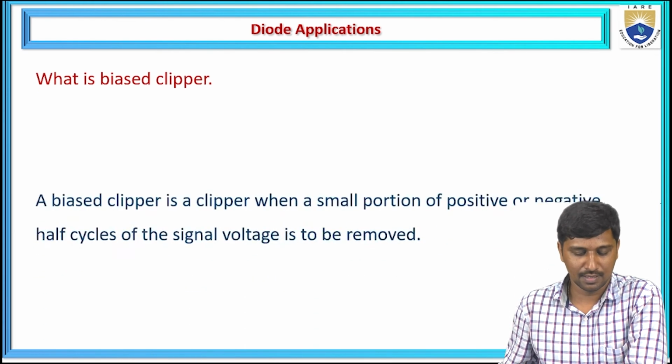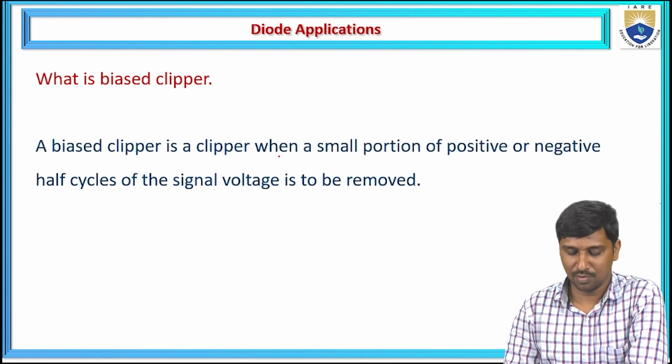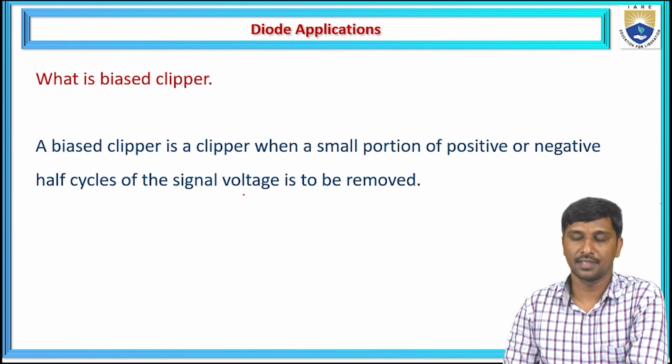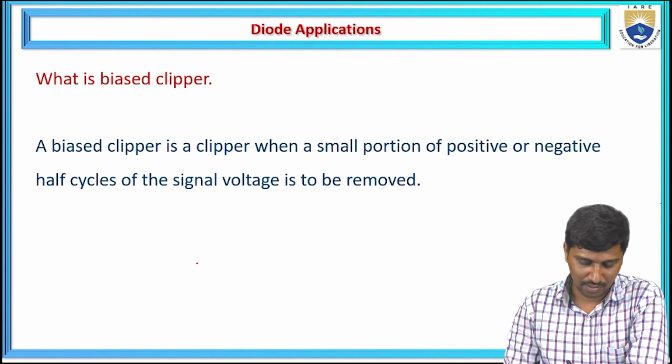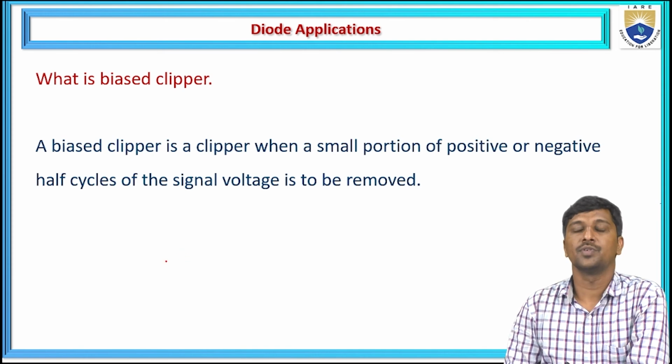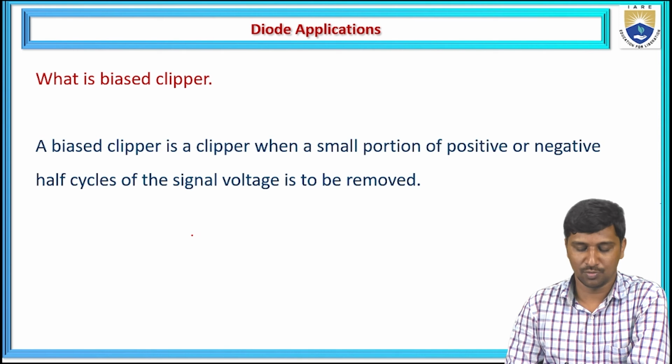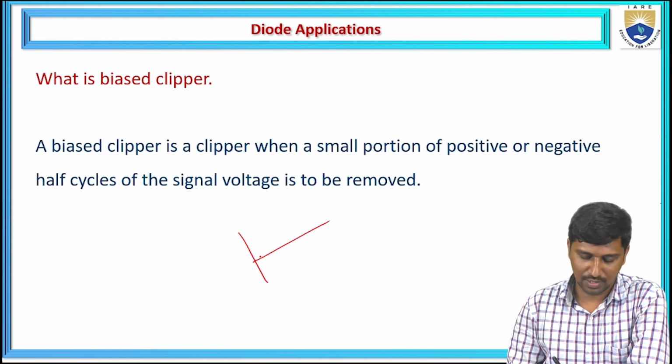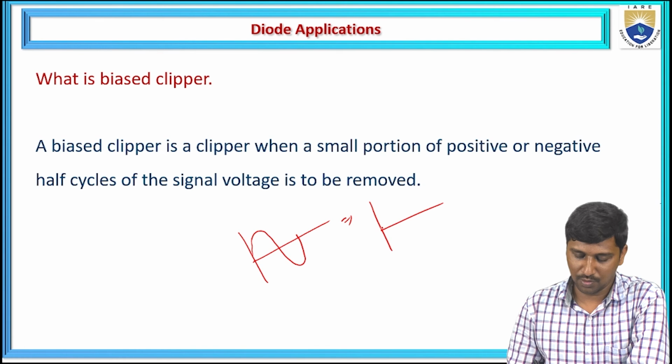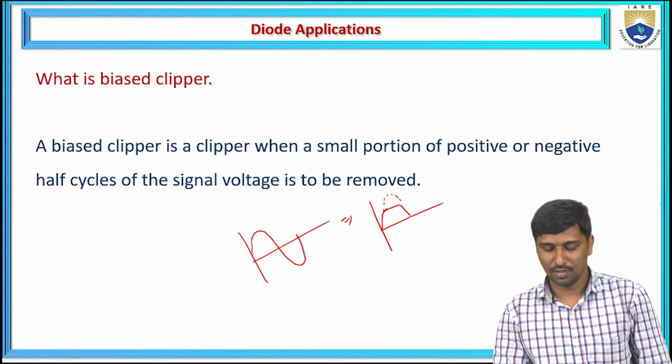Now, what is a biased clipper? A biased clipper is a clipper used when only a small portion of the positive or negative part of the signal voltage is to be removed. In the previous case, we removed the complete positive portion or the complete negative portion. But in this case, let us take this as my input signal, and I need to eliminate only some of the positive portion, allowing the rest like this. The dotted portion should be removed.